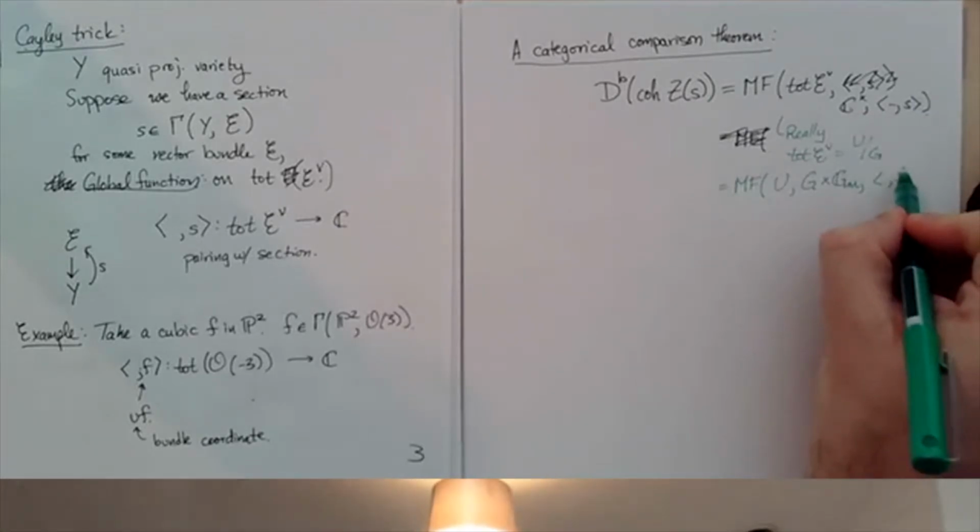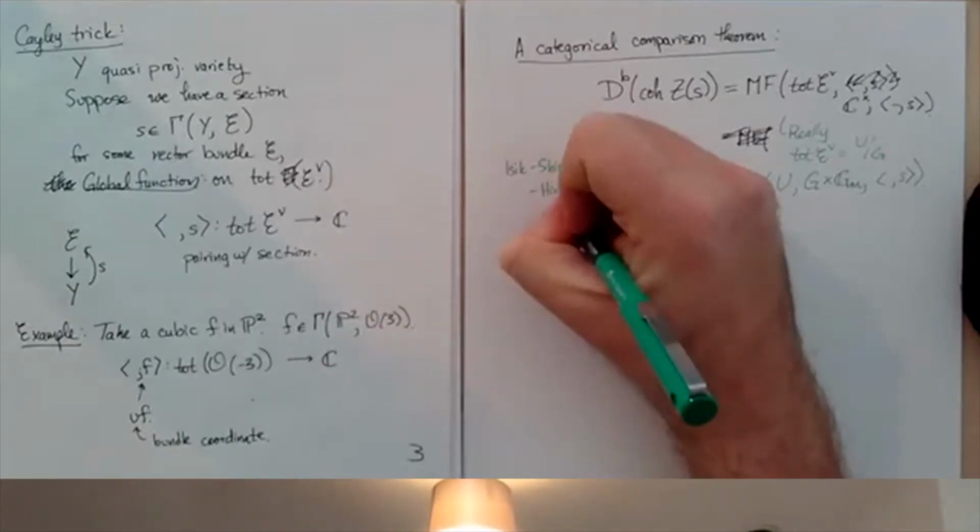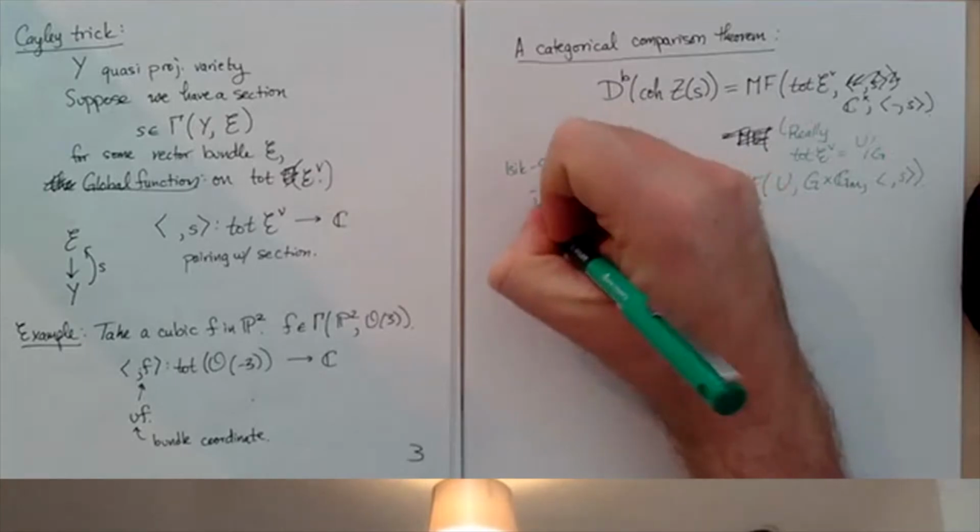Okay. And this is an equivalence of categories, and when G is trivial, this is what Isik and Shipman proved, and then you also have this equivariant version by Hirano. These should be commas, I guess.